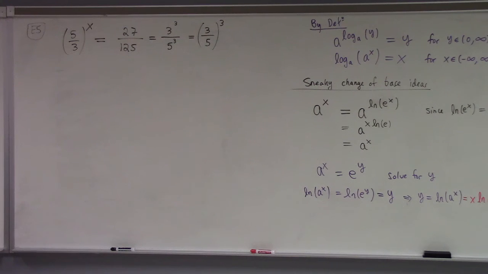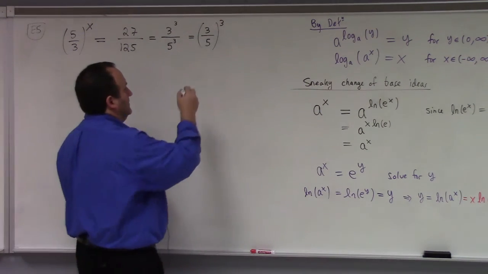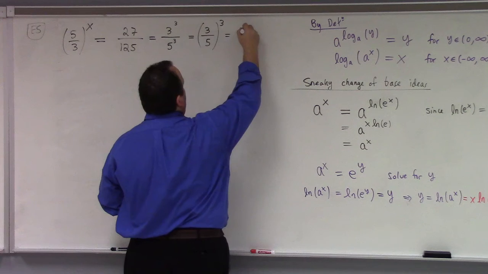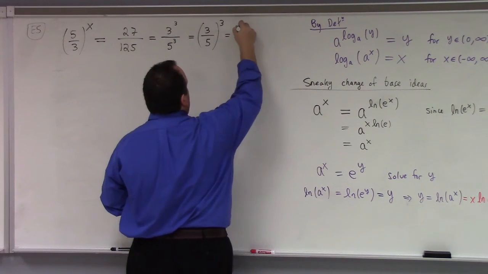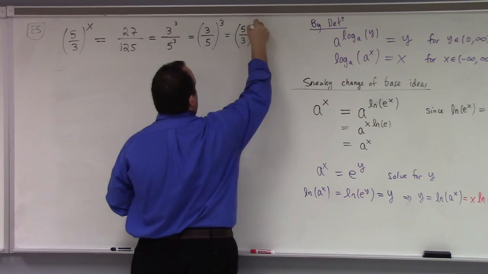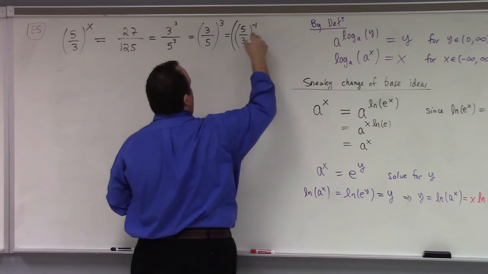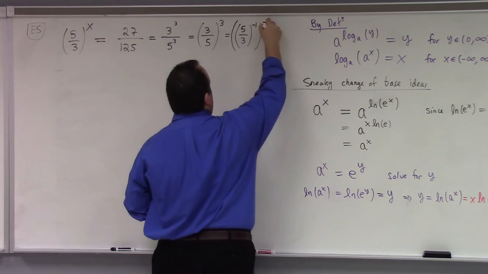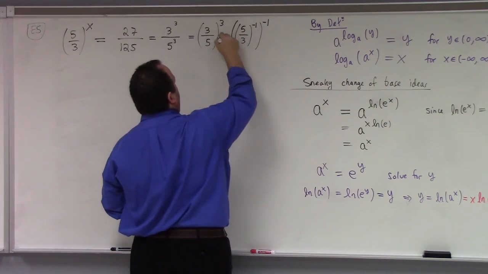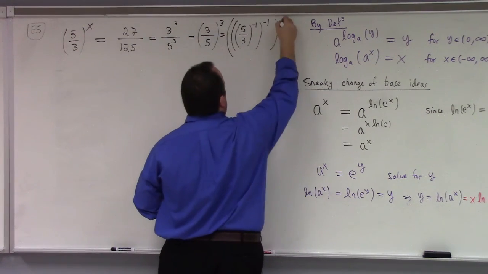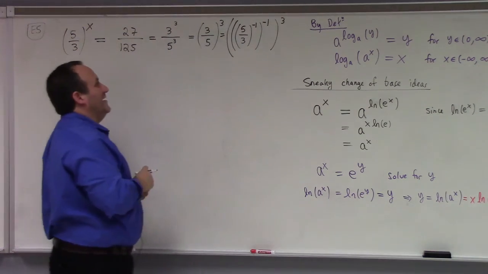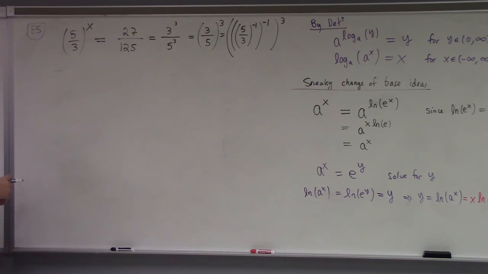Now, can you guys tell me how to make that look like a 5/3? Right, I can say that this is really ((5/3) to the -1 power) all to the 3rd power. However you want to think about that.